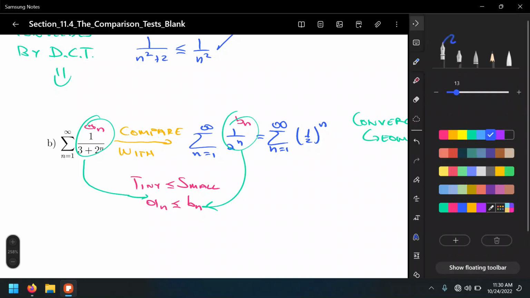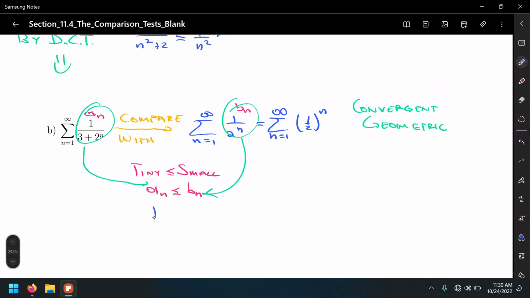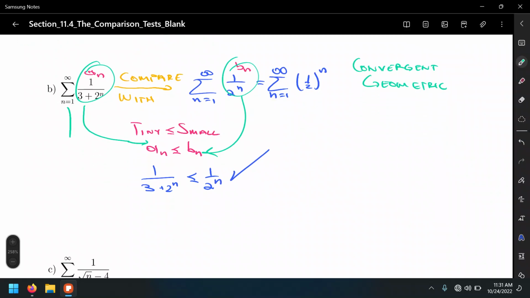So, is 1 over 3 plus 2 to the n less than or equal to 1 over 2 to the n? Yes. That's all we have to do. That's it. So, the original series converges by direct comparison test.